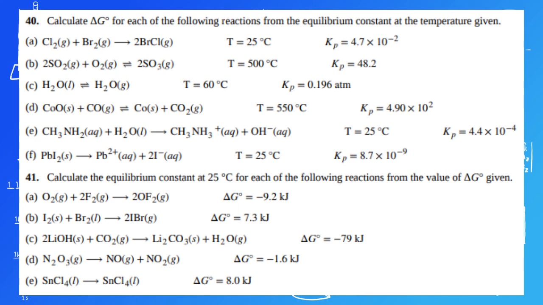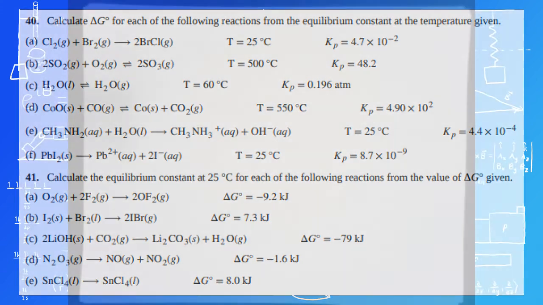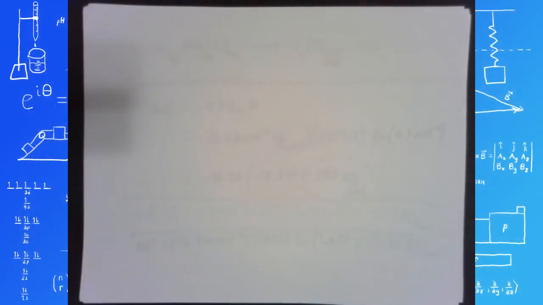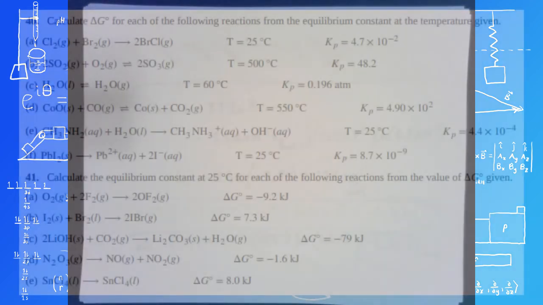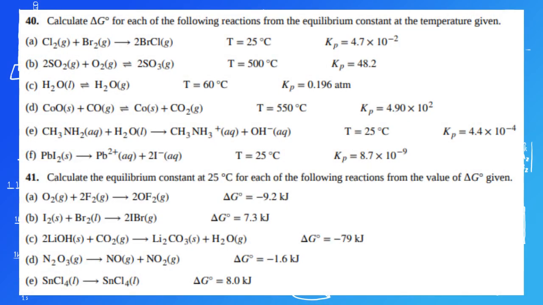So I'm given, I guess let's get a new sheet out, and let's actually switch to our camera. So I guess I didn't tell you which ones I would pick. Let's do just A and B.